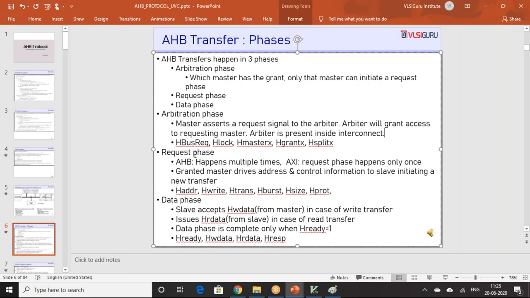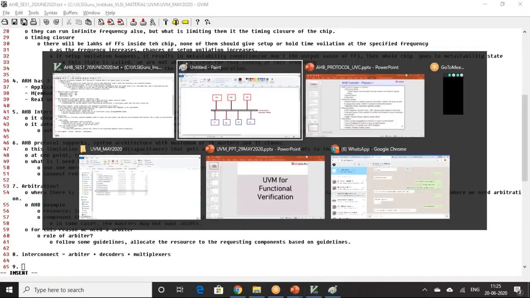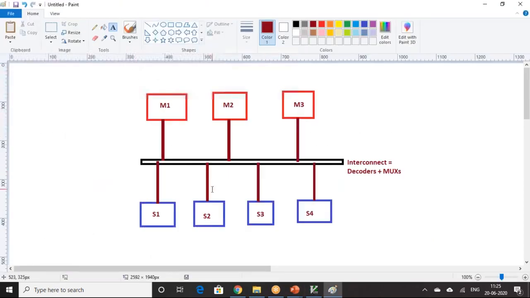Request phase. Once arbitration is done, during arbitration we decide among these masters whom to give the grant. Whoever has got the grant, let's say either M1, M2, or M3, that specific master will initiate a request to the specific slave.